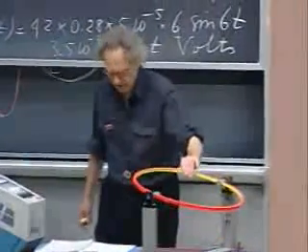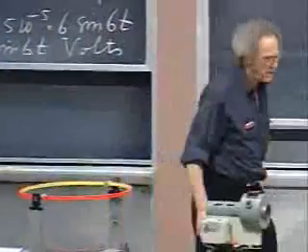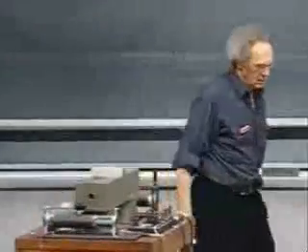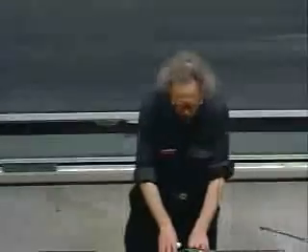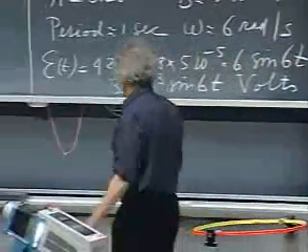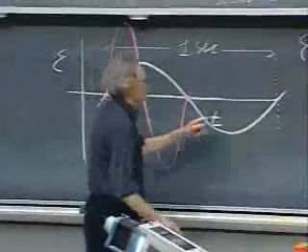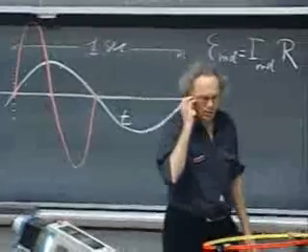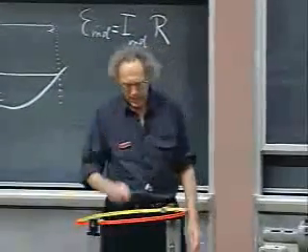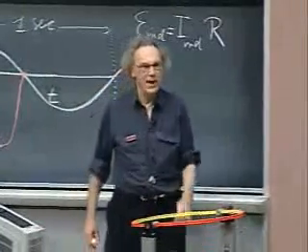In the United States, what comes out of the wall is 60 hertz. So that means that the current through a light bulb goes to 0 120 times per second if you have 60 hertz. Does it mean that 120 times per second there is no light from the light bulb?